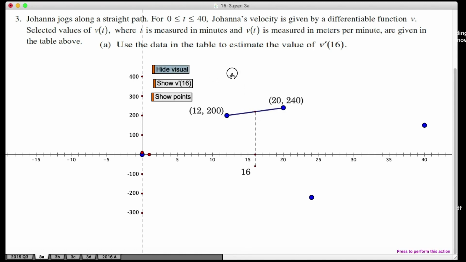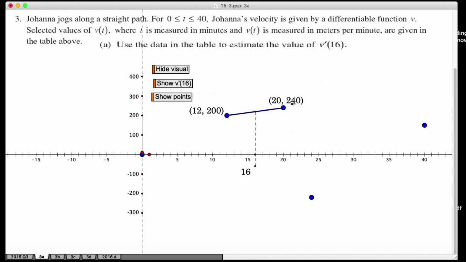Like I said, the curve could go up or down. We're not sure, but the simplest way to do it, and they're all approximations, is just the slope of the line from here to here. Whatever the slope of this line is would be the slope of the velocity at time 16.